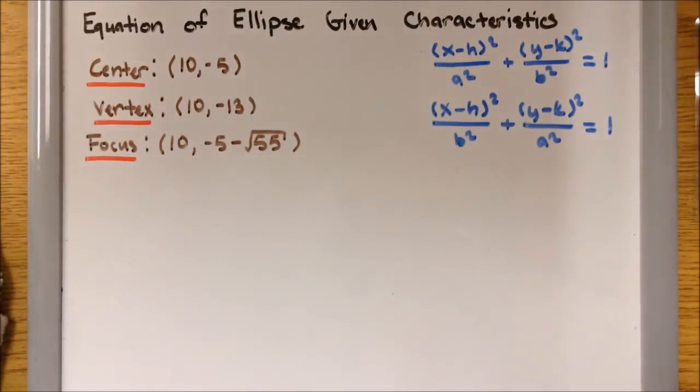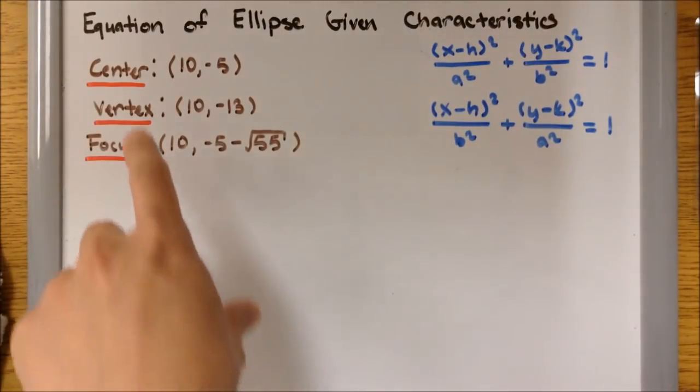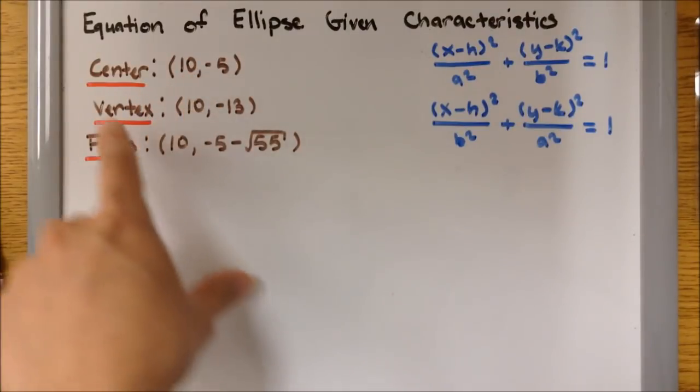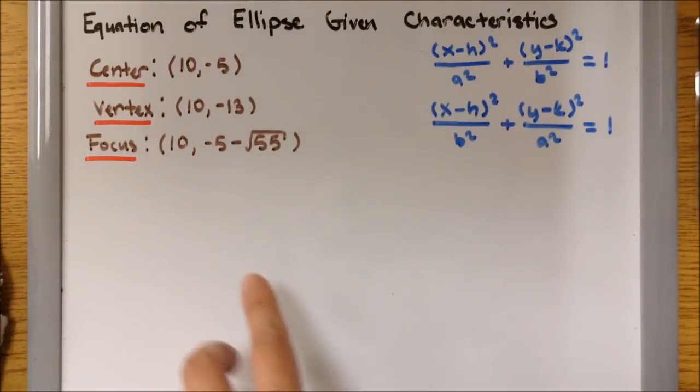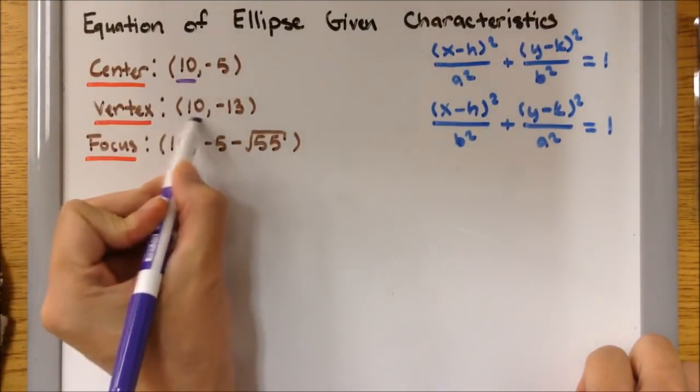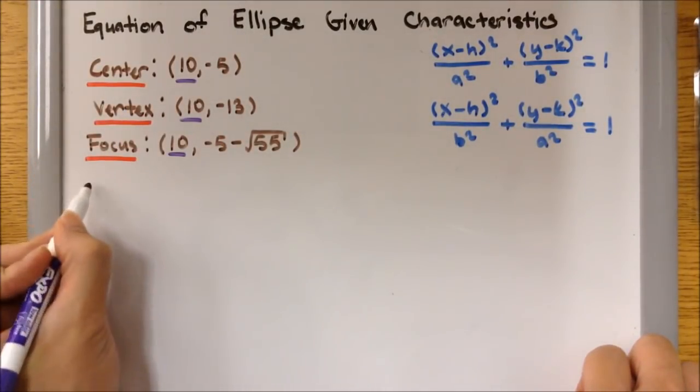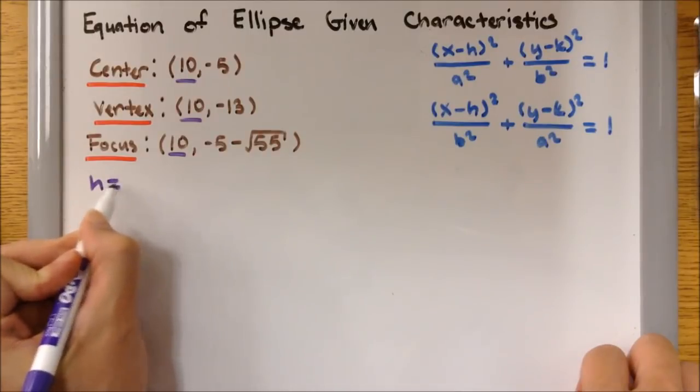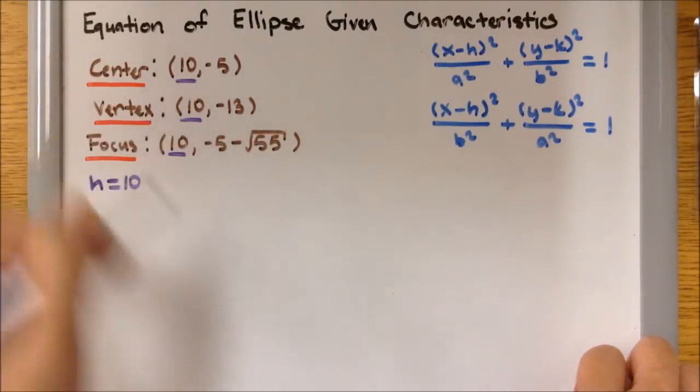Now, if you pay close attention, the only thing that repeats within these three coordinate points is the 10. So from there we can safely say that my h is 10, because that's the only thing that repeats.